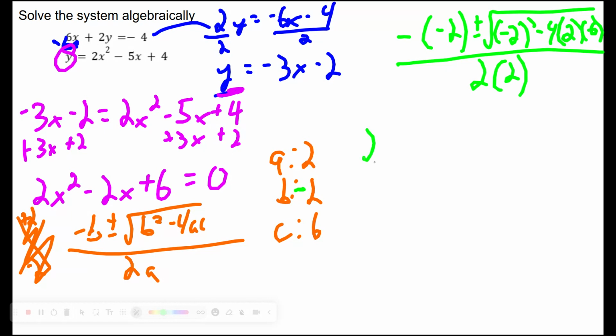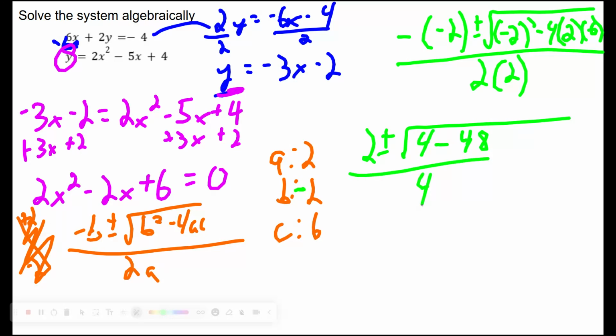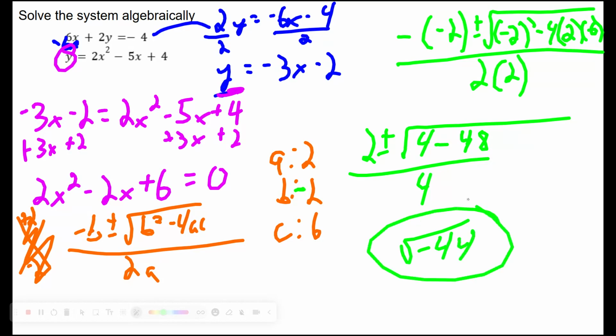Negative 2 is positive 2 plus or minus the square root of 4 minus 4 times 2 times 6, which would be 8 times 6, minus 48, over 4. 4 minus 48, we got the square root of negative 44. What is happening here? We know that there are going to be no real solutions here.